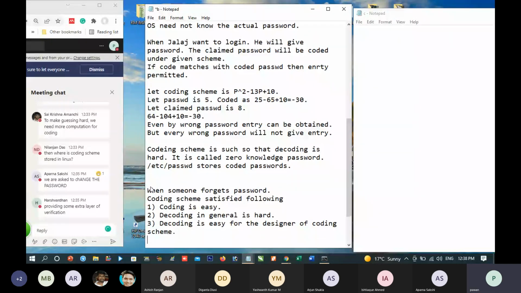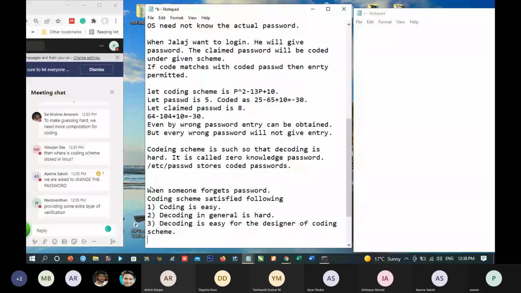Is it correct? So our coding scheme will be of two natures. In general, you cannot decode. But the person who has designed the coding scheme can, for example, a key system.